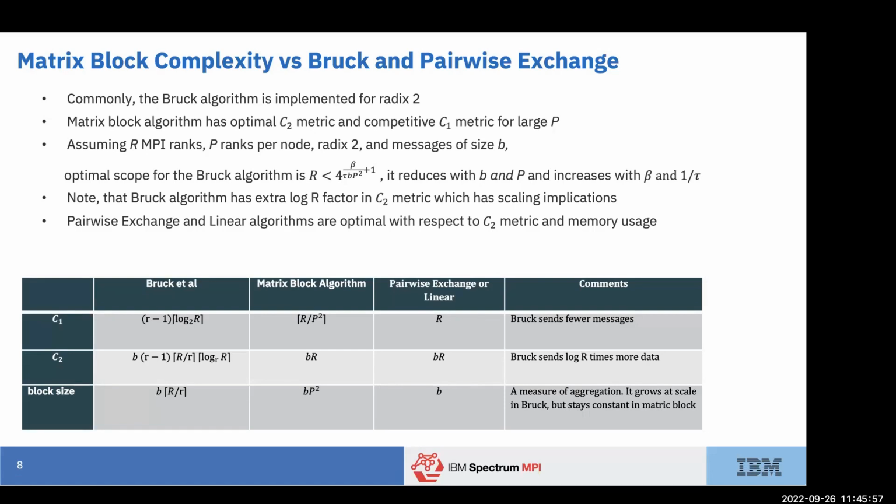If p is, say, around 40, and modern systems have a large number of cores per CPU, could be over 60, then p squared is a very large number. And still, it's asymptotically less than what Bruck has, but Bruck allows you to aggregate a lot of messages.